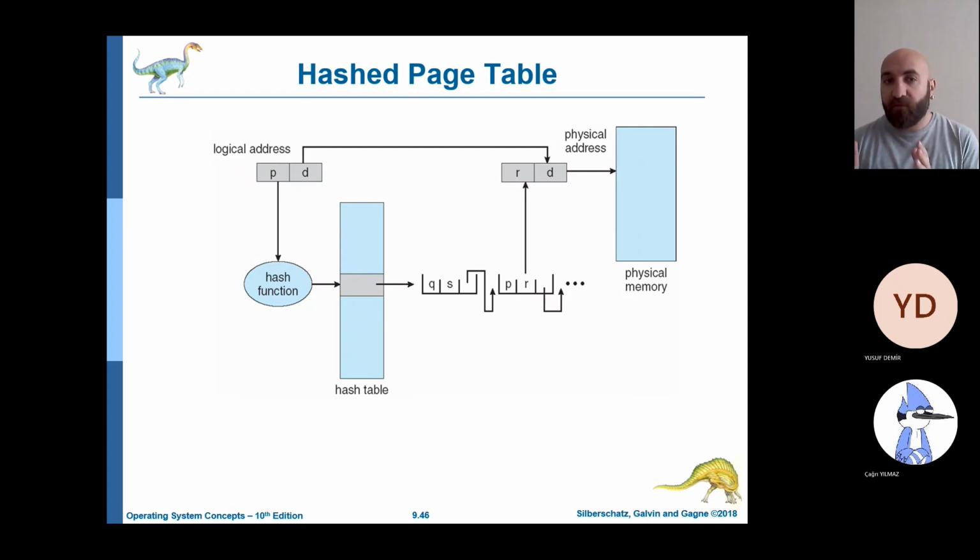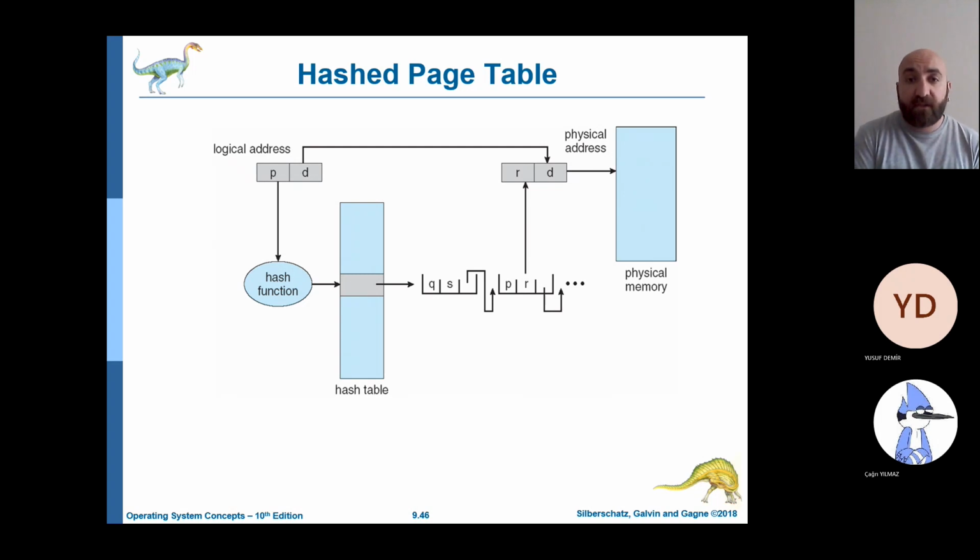Actually, the algorithm works like this. The virtual page number in the virtual address is hashed into the hash table. Here we have a hash table. The virtual page number, here the logical page number P, is compared with field 1 in the first element in the linked list. Here we are going to check that.